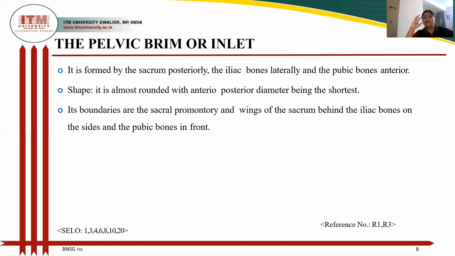Then it has boundaries. What are its boundaries? The sacral promontory is a boundary. Then the wings that are behind, where the sacrum is, that is the sacral ala, the wing we say. Then it has the iliac bones on the sides and the pubic bones in front.